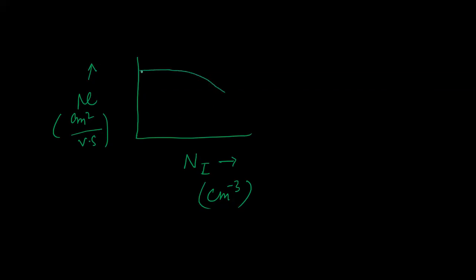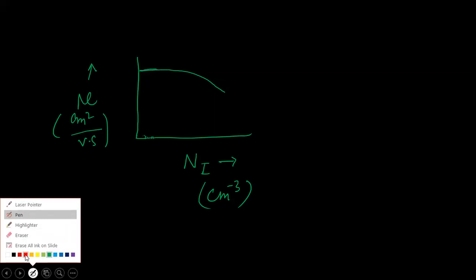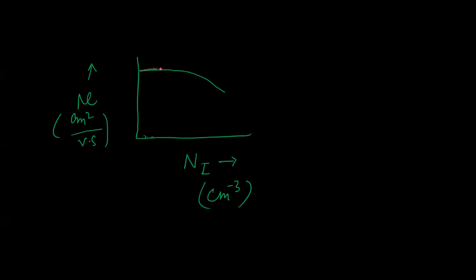Initially, for small values of impurity concentration, the mobility is not much affected. But as the impurity concentration increases, for larger values you can see a drop in mobility. This is for room temperature, 300 Kelvin.